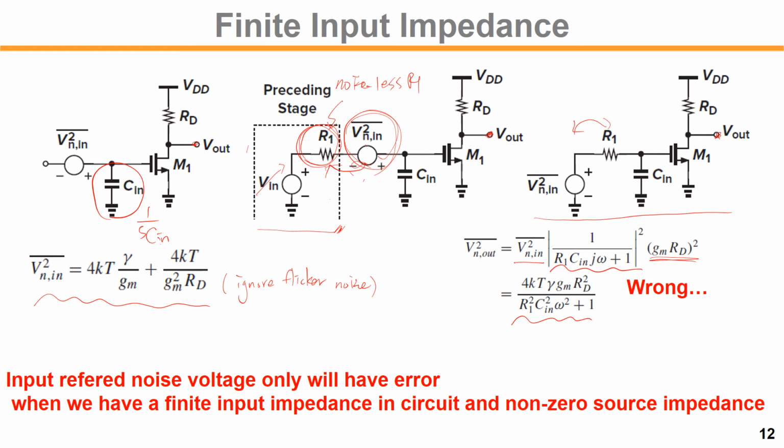When you monitor the output noise voltage, we are not getting this, because, for example, if you tie that to ground, all the noise source comes out of the M1, right? So I_N squared, right? This noise source has nothing to do with the Cin and R1.